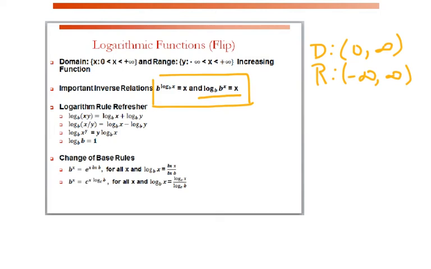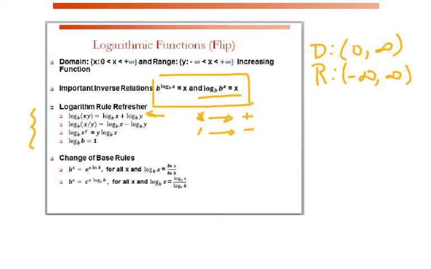And these are just the refresher of the rules. Remember, when the argument to the log function is a multiplication, you convert it to addition. So let me put it this way. Multiplication converts to addition for logs. Division converts to subtraction.